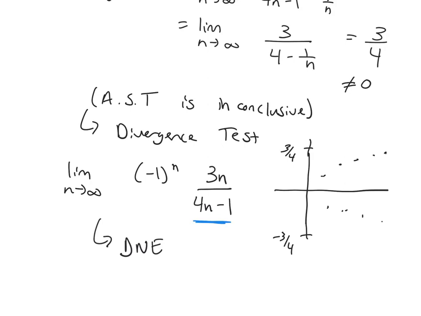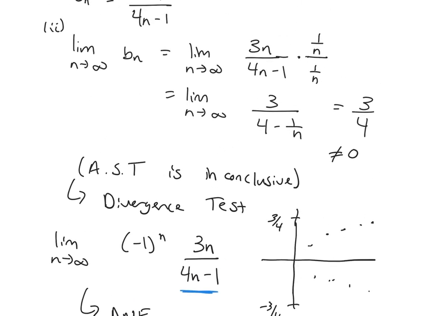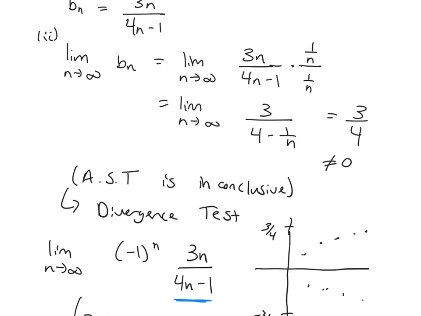And so that's why the limit does not exist, because to exist, I need to approach a single number. So if the negative 1 to the n wasn't there, the limit would be 3/4, which we calculated a little bit before. Yeah, I calculated it up here. 3/4.